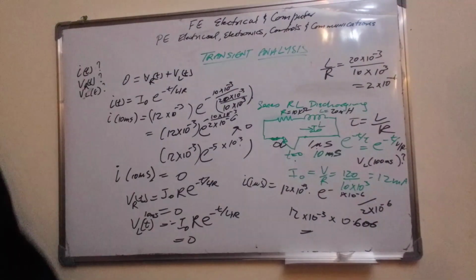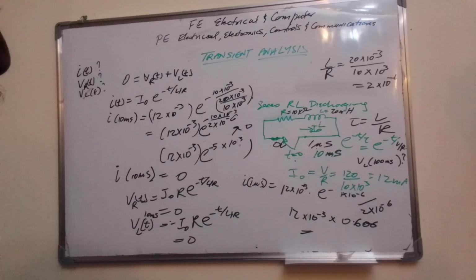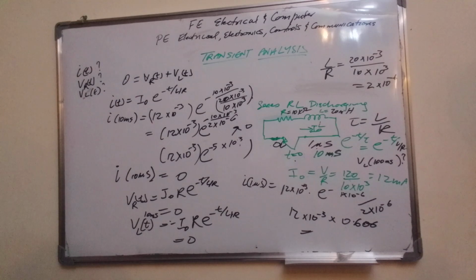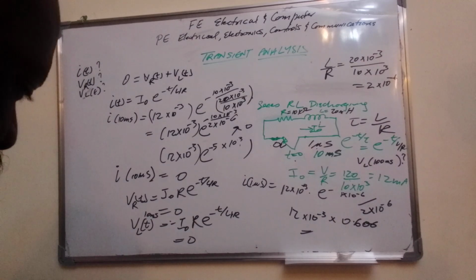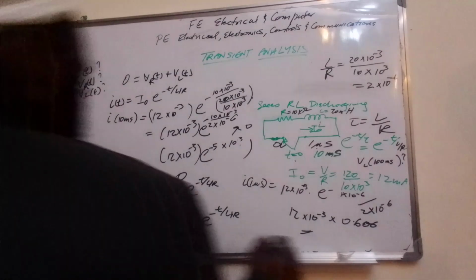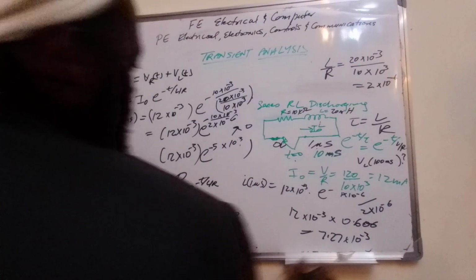This would work out to, alright, so 12 times 10 to the minus 3 is 0.012 times 0.606 equals, okay, now what you have is 7.27 times 10 to the minus 3 amps.